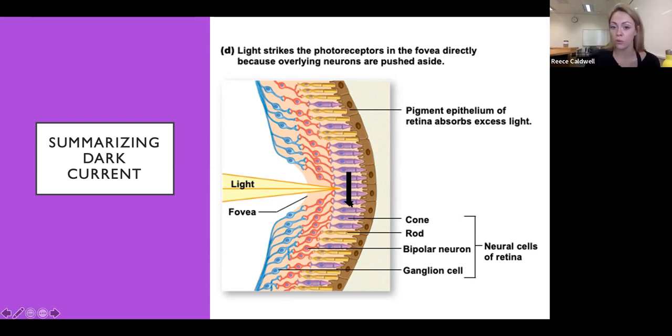Since they're inhibitory, that means it will cause a what firing rate from our bipolar neurons? It will cause an increased firing rate from our bipolar neurons, and therefore it will cause an increased firing rate from our ganglion cells. Therefore, we will have an action potential from our pathways leading to the brain. And so in the presence of light, we have action potentials and we perceive light.